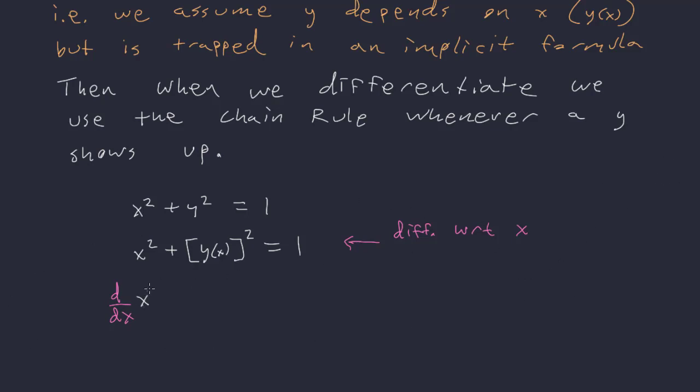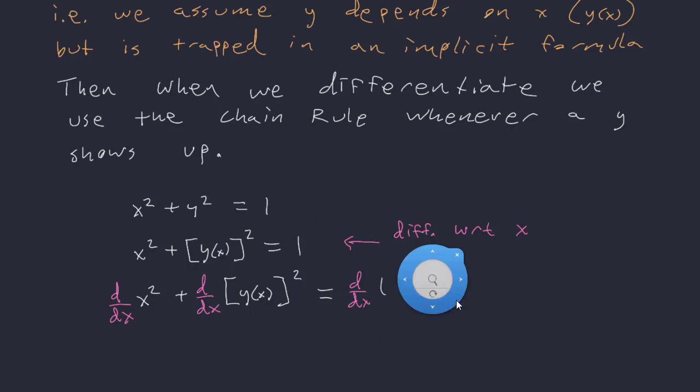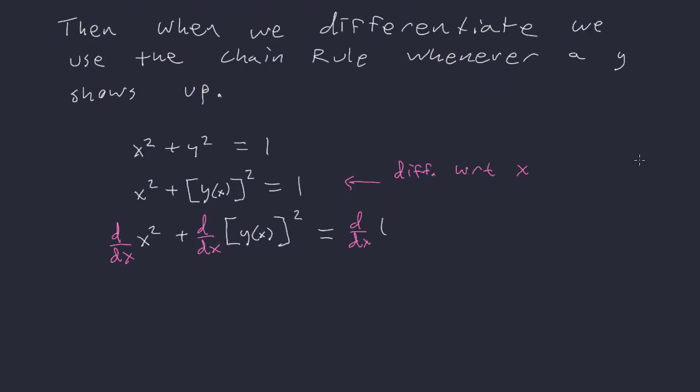So we're going to take x squared and differentiate it with respect to x. Differentiate this y of x squared with respect to x. And finally, we're going to differentiate 1 with respect to x. Okay, so the derivative with respect to x of x squared, of course, is just 2x.